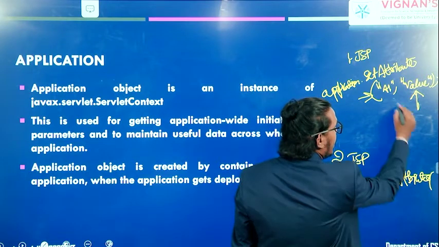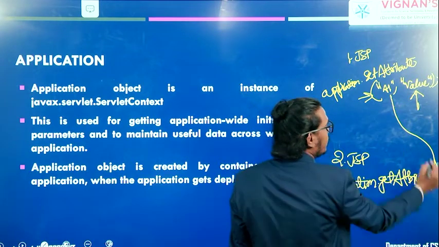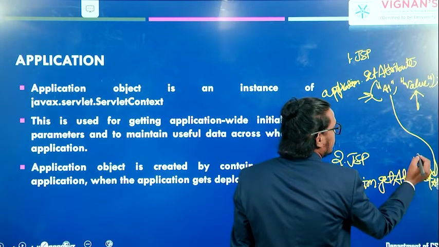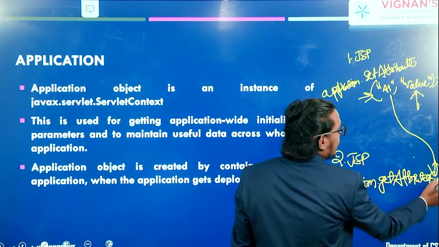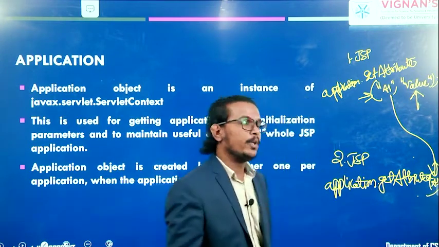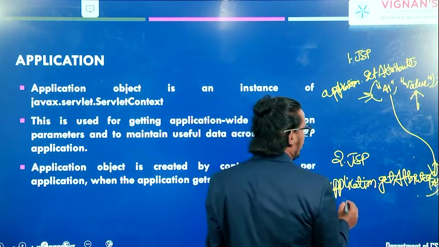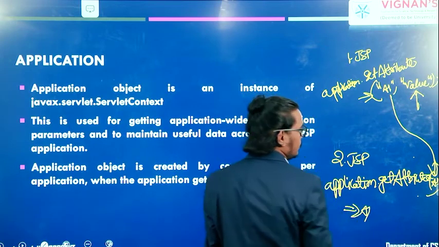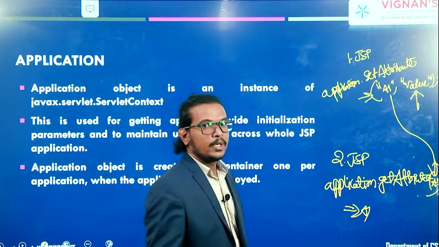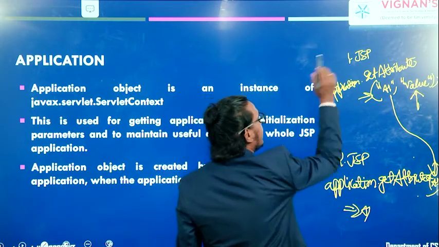Here you have to pass the attribute name, which is A1. Clear? That A1 information will be displayed here. And one more thing you have to remember. So here JSP1 is available.